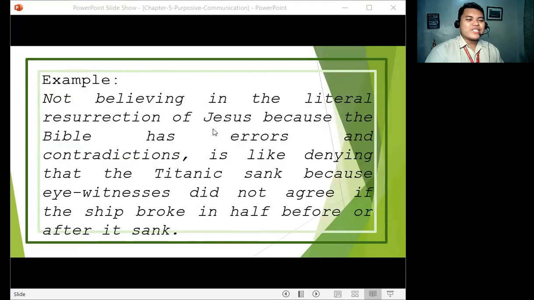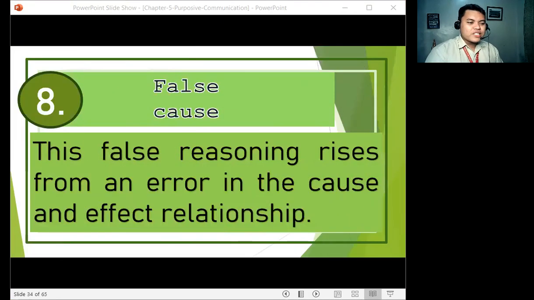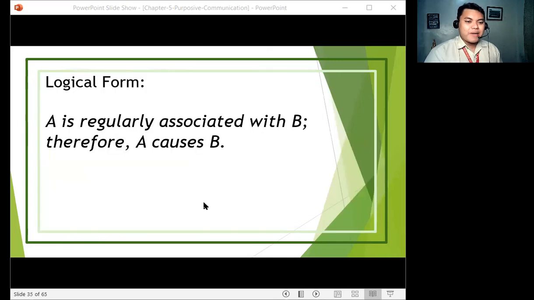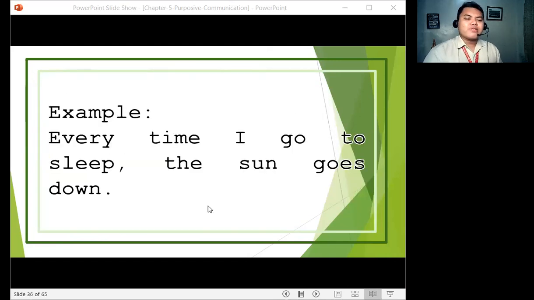Next, false cause. This false reasoning arises from an error in the cause and effect relationship. Example: every time I go to sleep, the sun goes down. Basically, there is false cause. The sun goes down when I go to sleep.